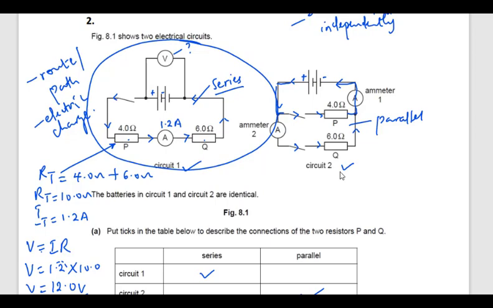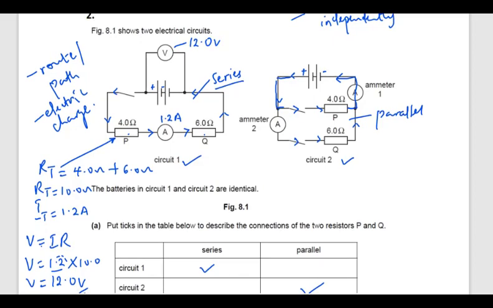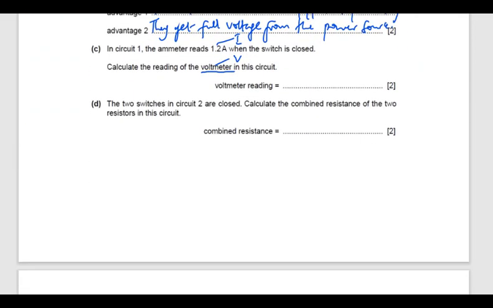So the voltmeter reading will now be the current flowing inside the circuit, which is 1.2 amps, multiplied by the combined resistance of the two resistors, which is 10.0 ohms. And when we multiply that, we have 12.0 volts. So obviously the reading of this voltmeter now will be 12.0 volts. All right, I think that's clear. So the reading is 12.0 volts.